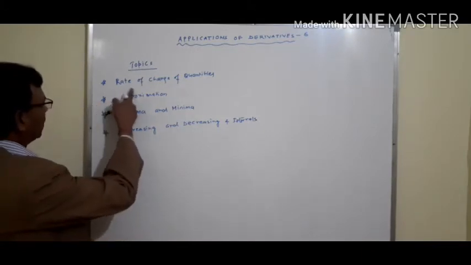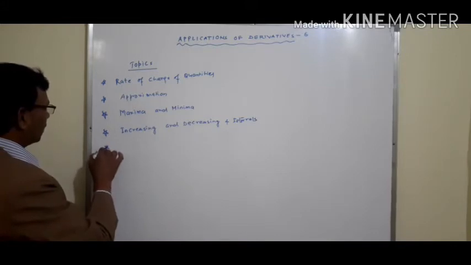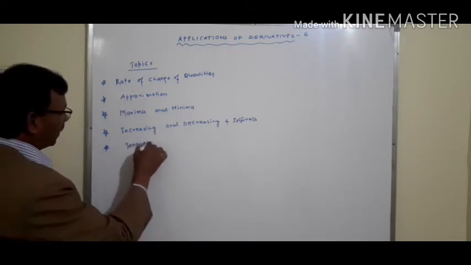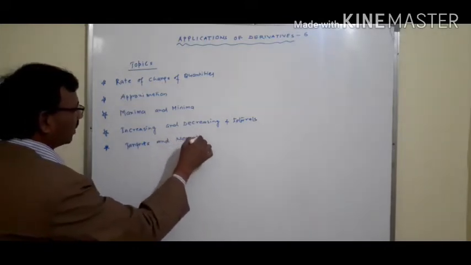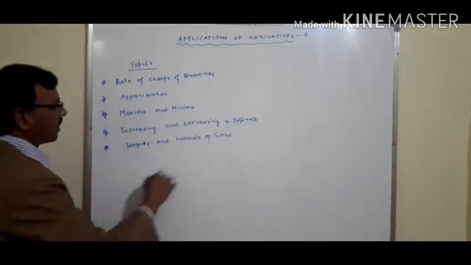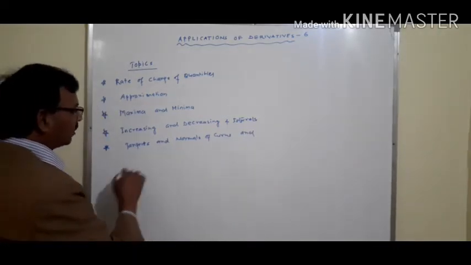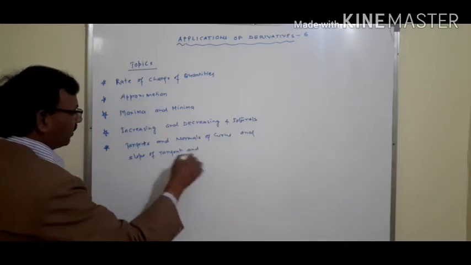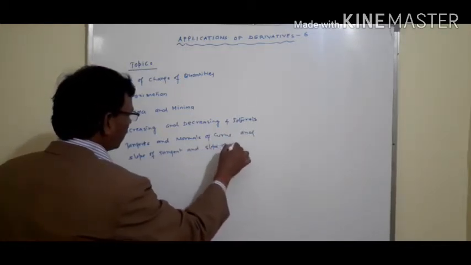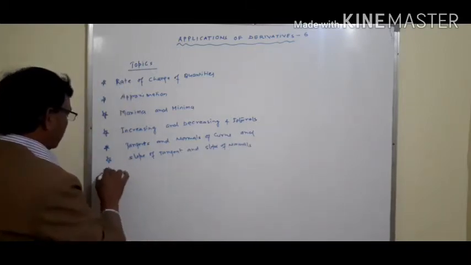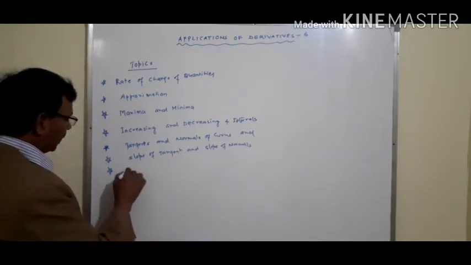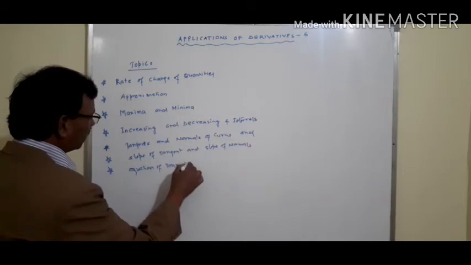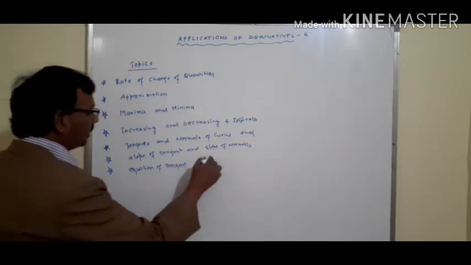Since one topic is left, on the second number I write here tangents and normals of a curve, and slope of tangent and slope of normals, and equation of tangent and normal.